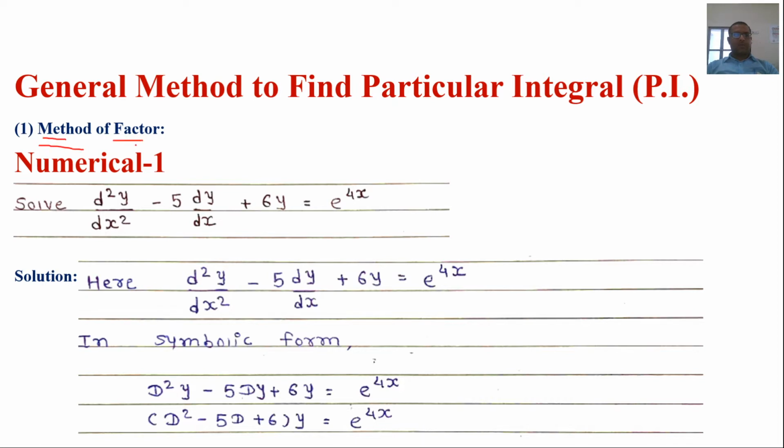Method of factors. Now we will understand this method with the help of a numerical. In the given numerical we have to solve the differential equation d square y upon dx square minus 5 dy by dx plus 6y is equal to e raised to 4x. This is the given differential equation.